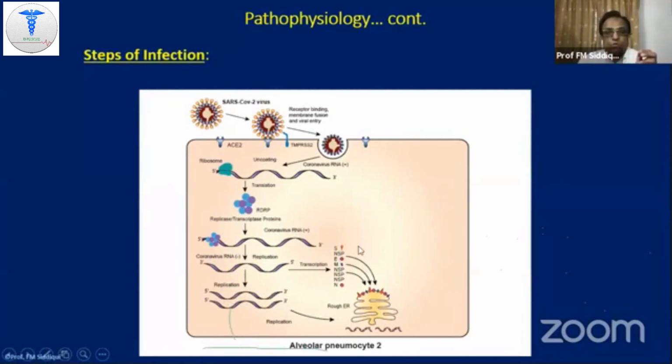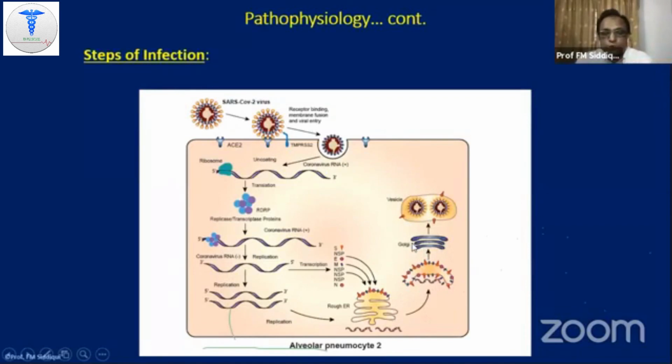With these two raw materials, it transfers them into the rough endoplasmic reticulum of the cell. Within the rough endoplasmic reticulum, the newly synthesized viral RNA and protein get assembled. From there, they are transferred into the Golgi complex within the cell.